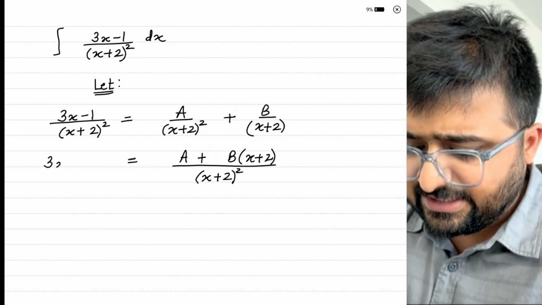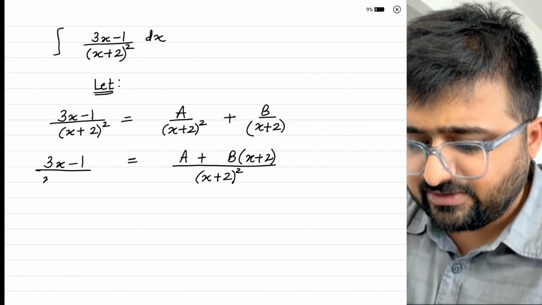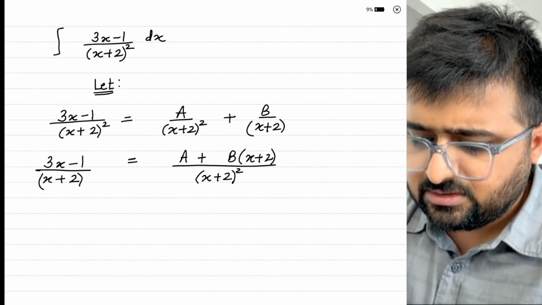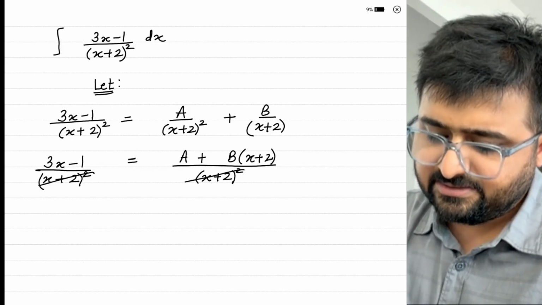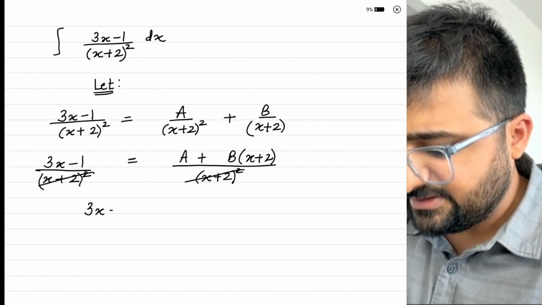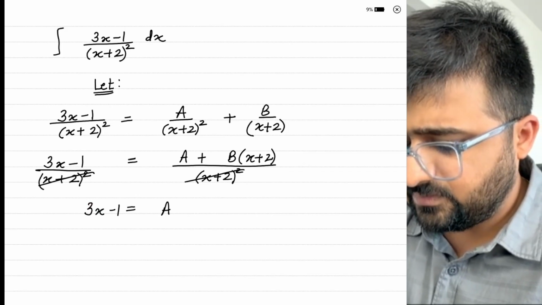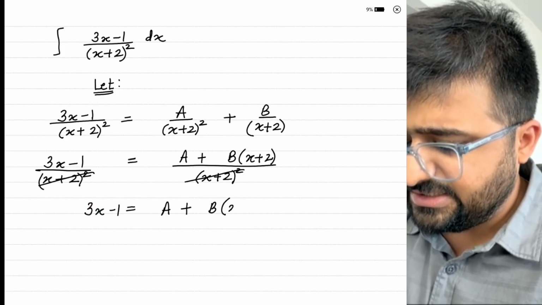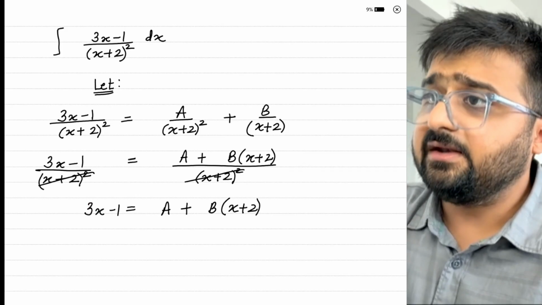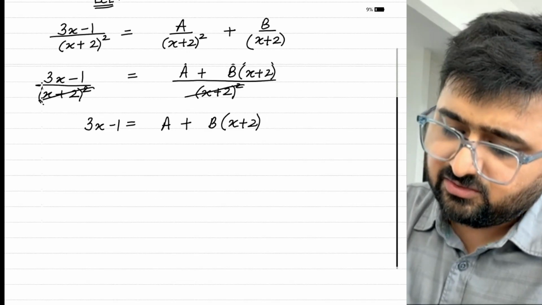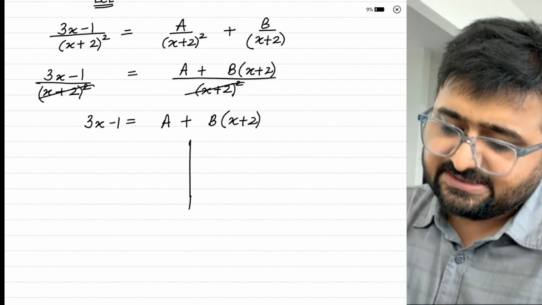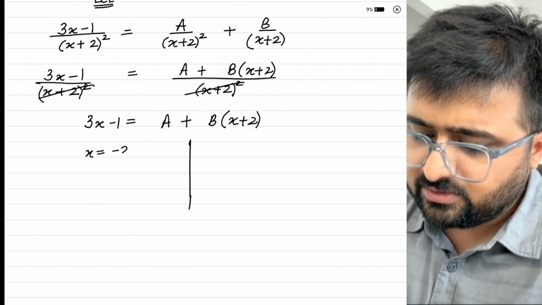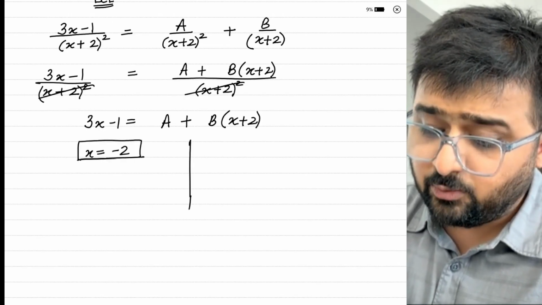On the left hand side you have (3x minus 1) divided by (x plus 2) the whole square. That (x plus 2) the whole square and this (x plus 2) the whole square get cancelled, and you will be left with 3x minus 1 is equal to a plus b times (x plus 2). Now, to find the values of a and b, you just substitute some values of x. Let's put x is equal to minus 2. Why do I put minus 2?